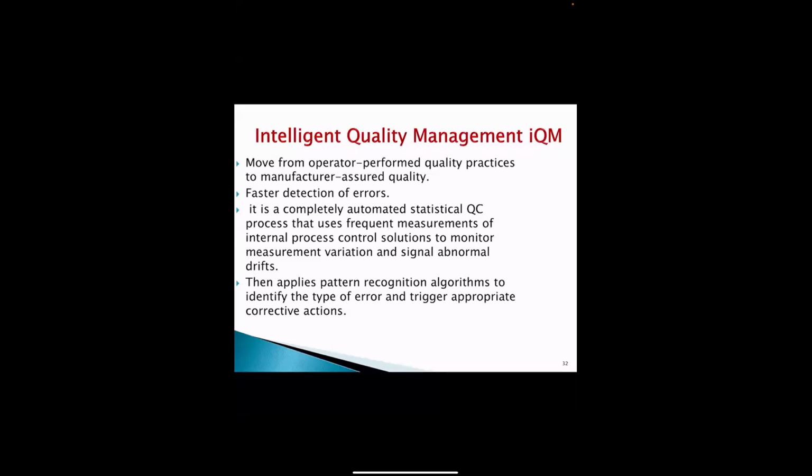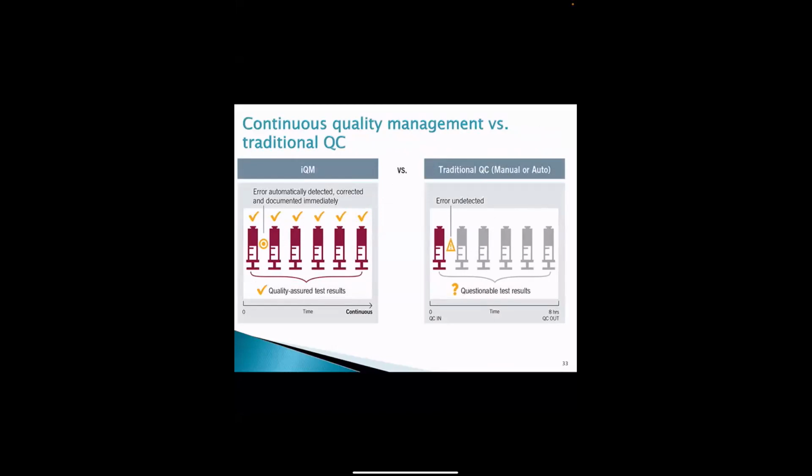So having this option will definitely help to correct all the process without missing any errors. As you can see here in the picture, the differences between the continuous quality management versus the traditional quality control.